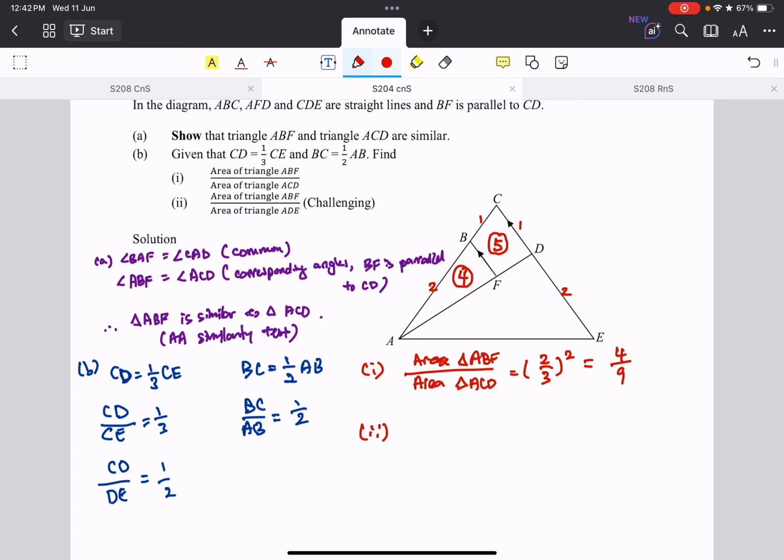Then based on the comparison, area of triangle ACD over area of triangle ADE is equal to 1 over 2, same height, which is 9 over 18.